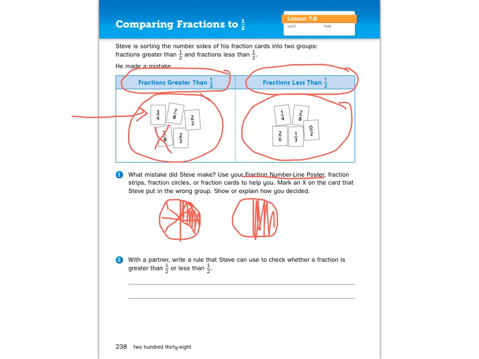Over here, when we see 1/4, we know that that's less than 1/2 because half would be 2/4. So maybe that could help you think about how to check if a fraction is greater than 1/2 or less than 1/2.